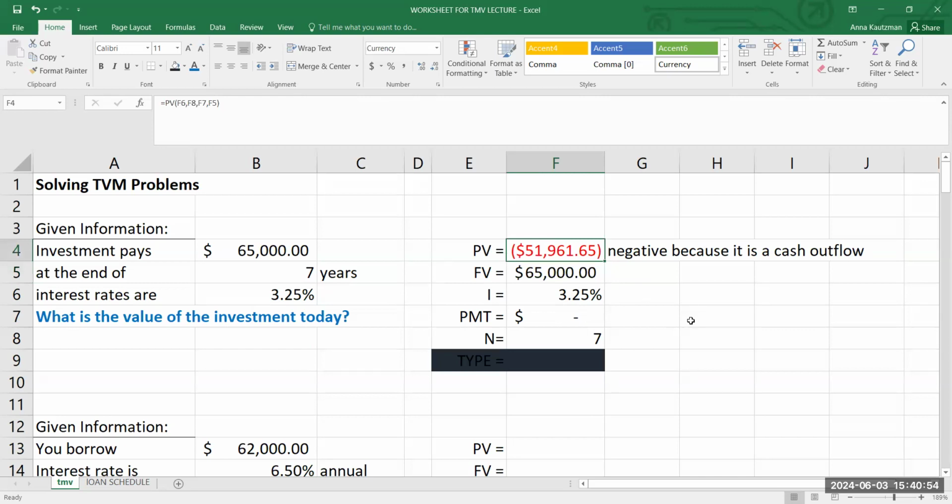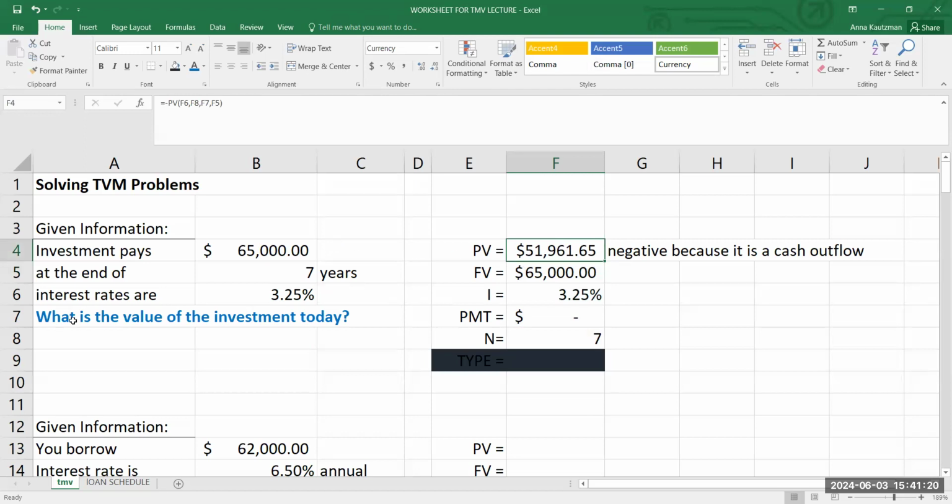Therefore, today's value of the investment is expressed as a negative number because it is an outflow. If you want to be clear, you can edit where it says equal, put a minus sign after the equal before the PV. It will display it as a positive value.